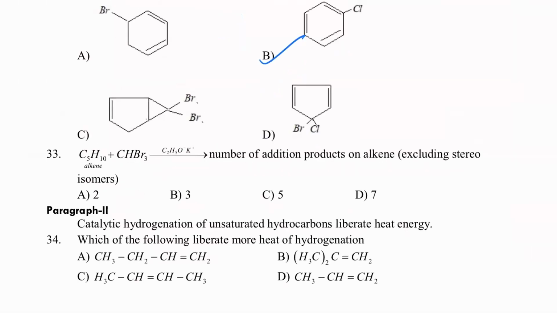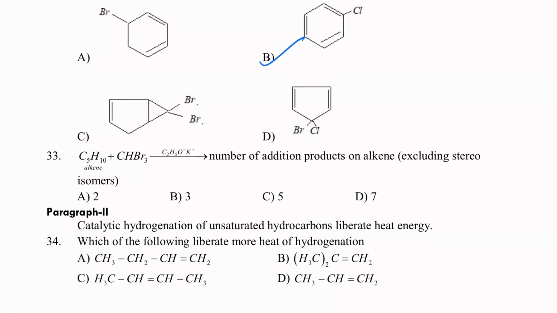Next one, C5H10 plus CHBr3. Number of addition products on alkene, excluding stereoisomers. Okay, so that means there is an open chain alkene here.